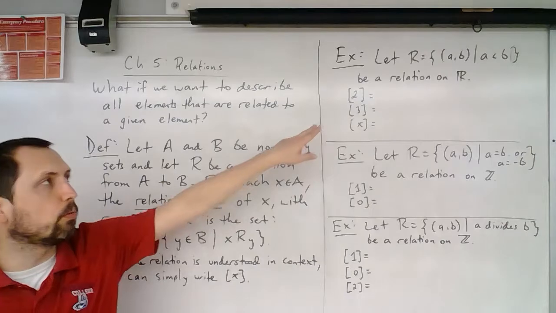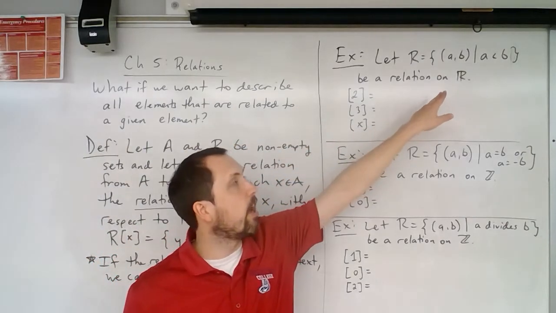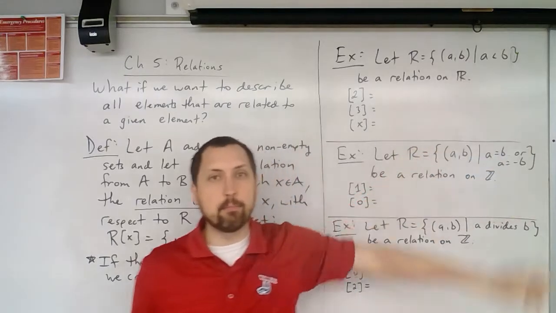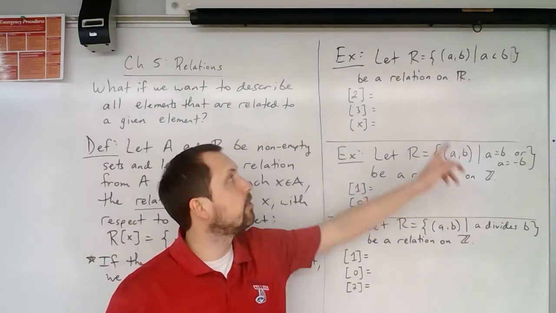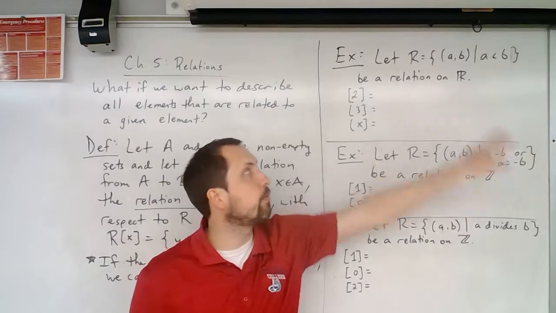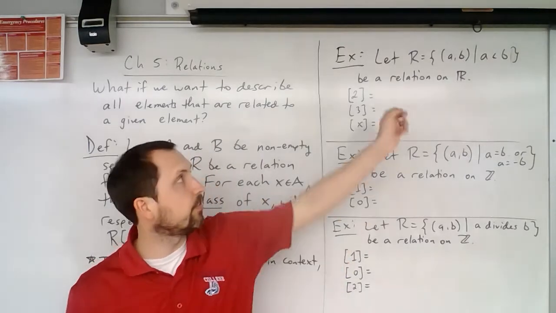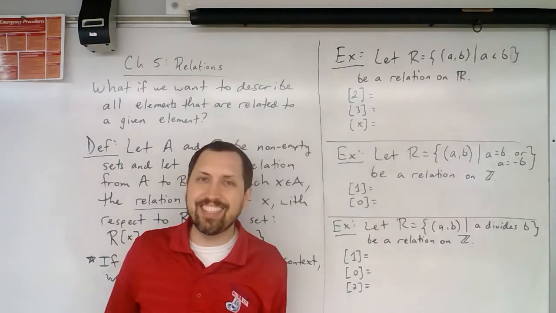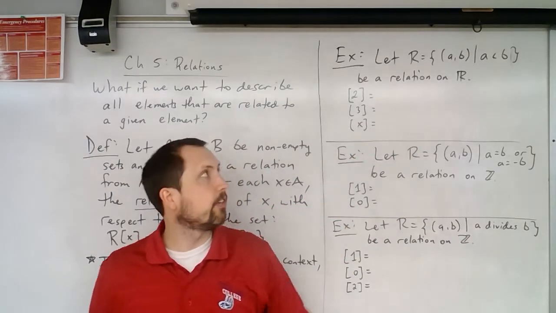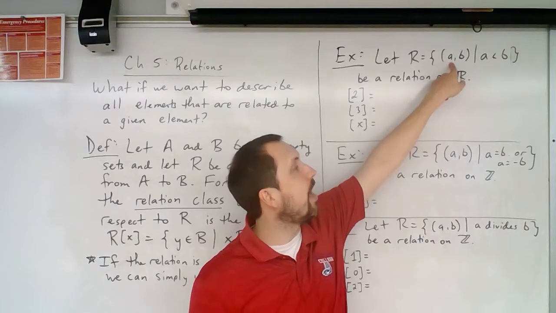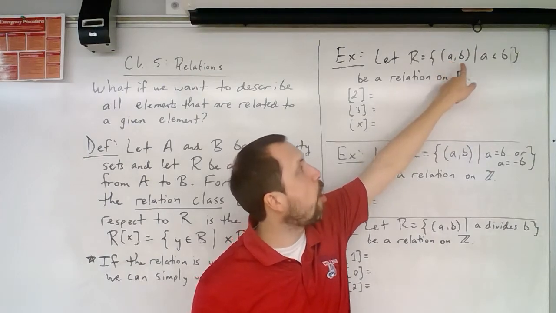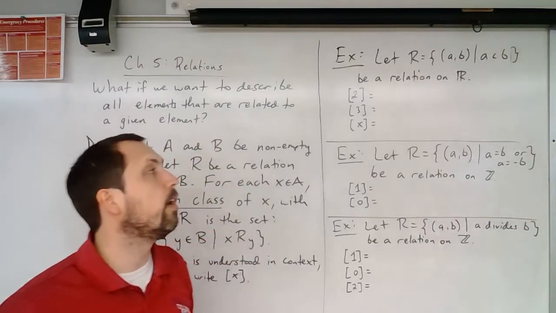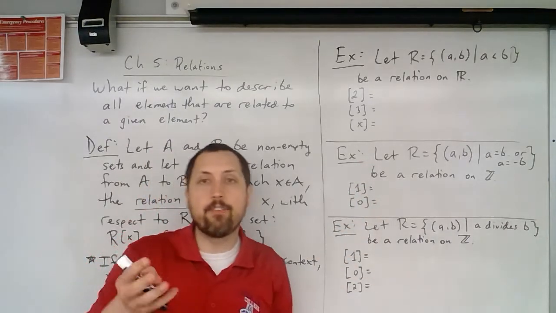In this first example, we're going to define this relation by saying that A is related to B if A is less than B. We'd like to describe this as a relation on all of the real numbers. So we're asking the question, what are all of the real numbers that are related to 2? In this case, 2 is our first entry. What are all of the elements that 2 is going to be less than? Well, if we're on R, that means it's going to be an infinite number.